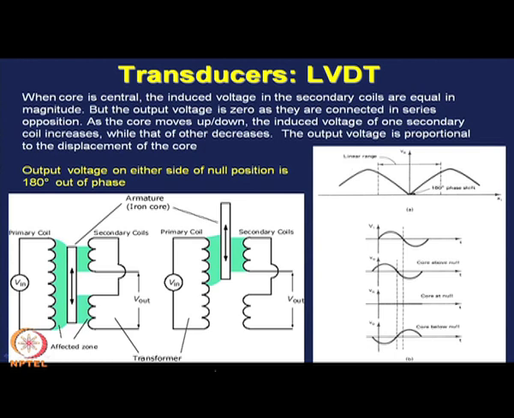When the core is central, the induced voltage in the secondary coils are equal in magnitude, but the output voltage is 0 as they are connected in series opposition. As the core moves up or down, the induced voltage of one secondary coil increases while that of other decreases. The output voltage is proportional to the displacement of the core.